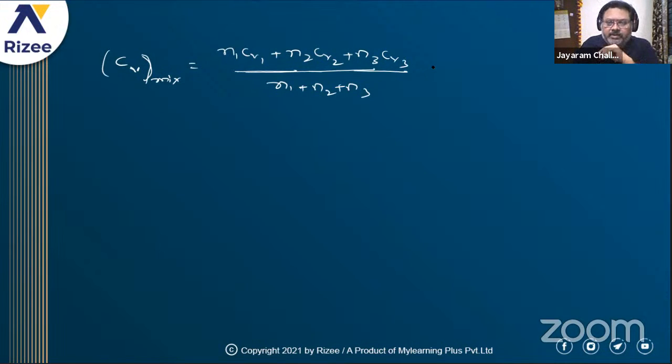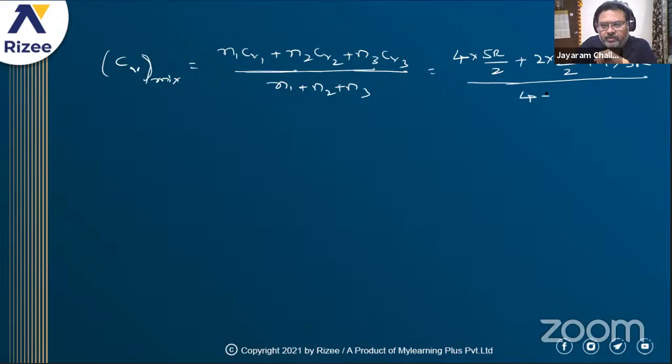If I substitute the values, 4 moles of the first one, which is 5R by 2, these are the standard values, plus 2 moles into 3R by 2 for the helium, and 1 mole for water vapor, divided by 4 plus 2 plus 1. So this goes for 2 times here, this goes for 2 here, 10R plus.